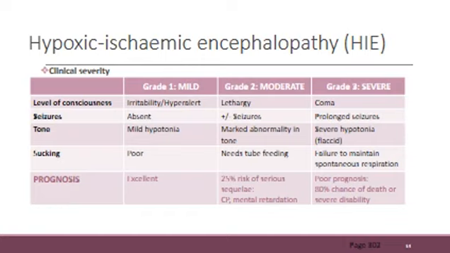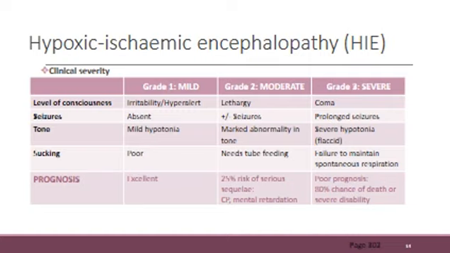In the worst case scenario, the baby will have severe HIE, where the patient is comatose and can have either no seizures or prolonged, difficult to control convulsions. Severe hypotonia with a flaccid posture is often observed, and these babies have no Moro response.